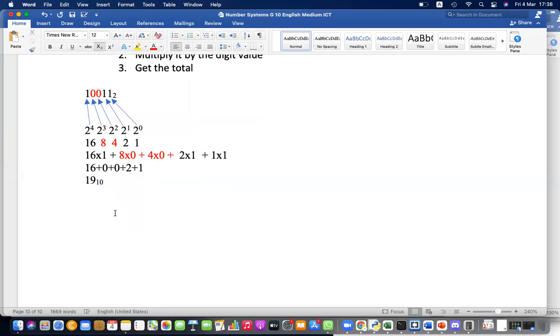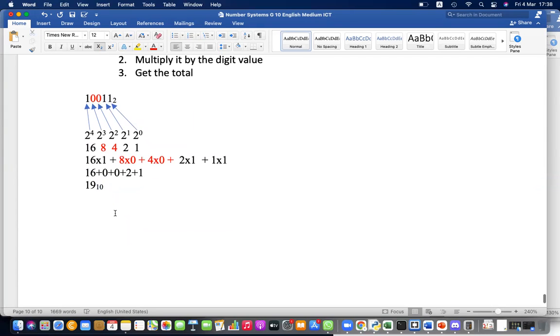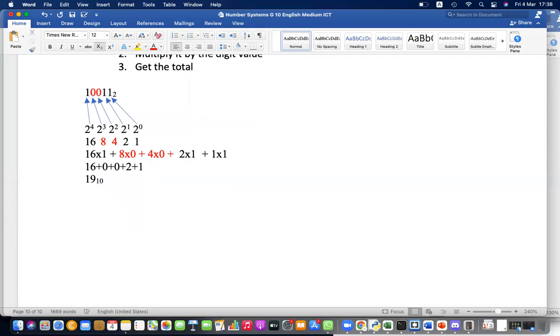Now I'll give you some more numbers and you try to convert them to the decimal format. Then I will help you understand this. I'll explain this, but before that, you try to convert on your own, right?